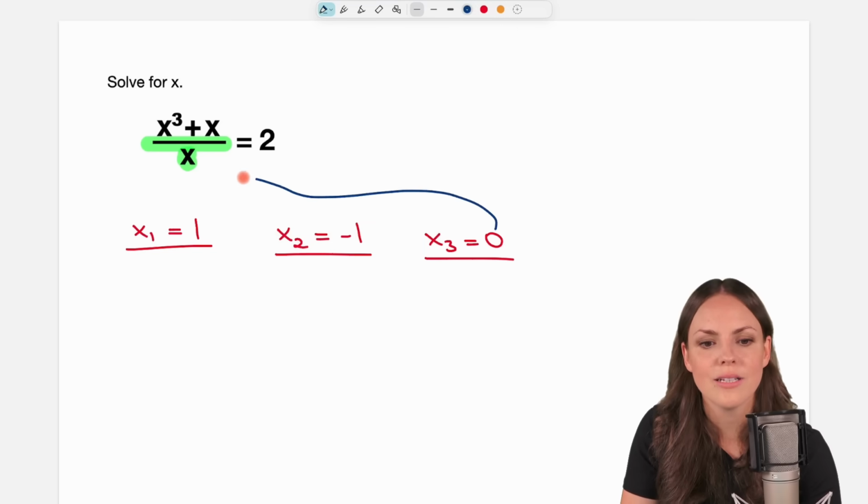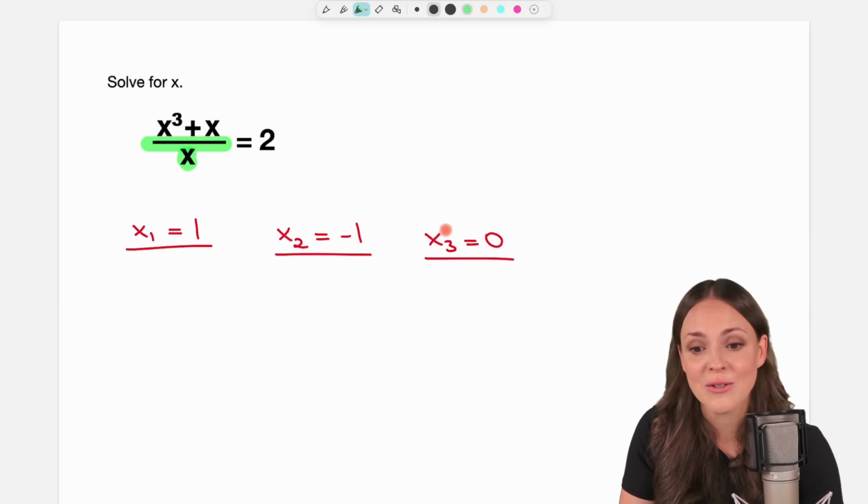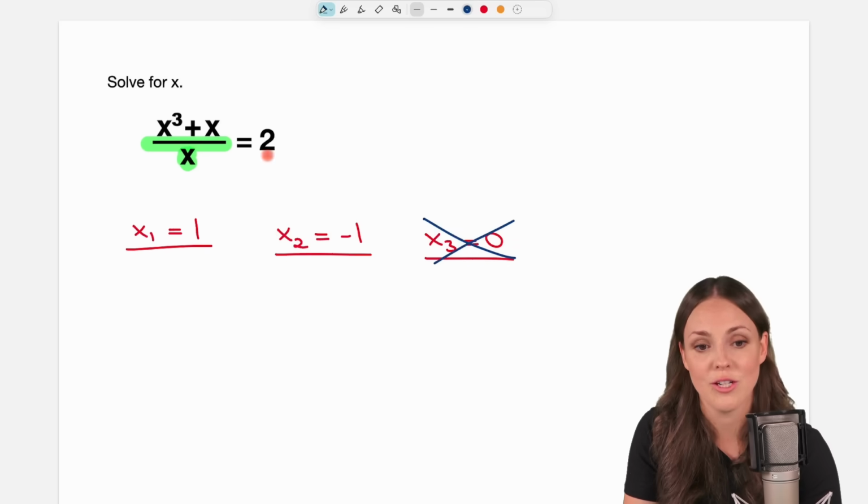For example, if we insert the 0 for the x here, we would actually divide by 0, which is not allowed. So this 0 is not a solution to this equation. So always check your results.